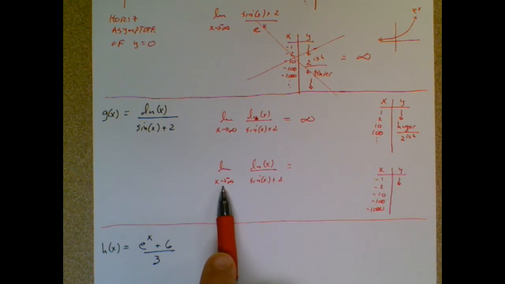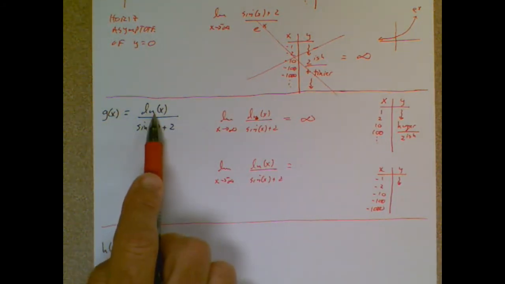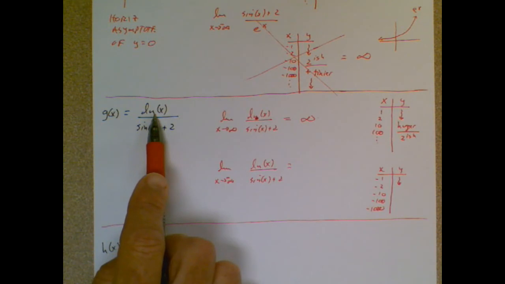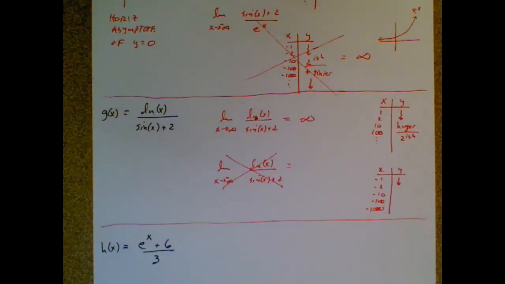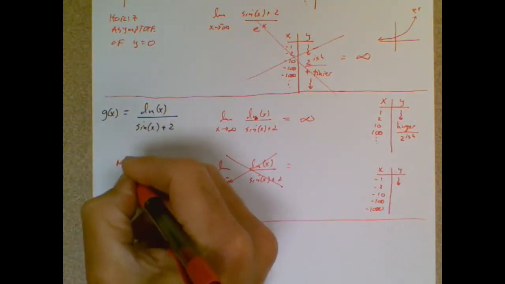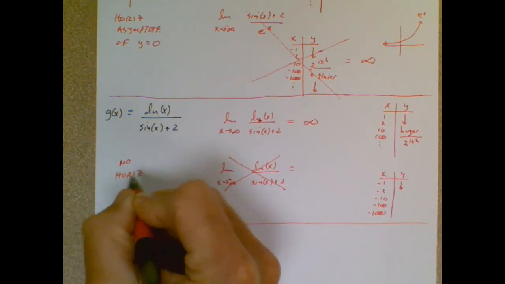And I look like I want to now approach negative infinity, so I look like I want to start doing this, but we have trouble. Natural log of x will not accept negative inputs. So I can't even think about a left-hand asymptote. So I have no horizontal asymptote in this case.